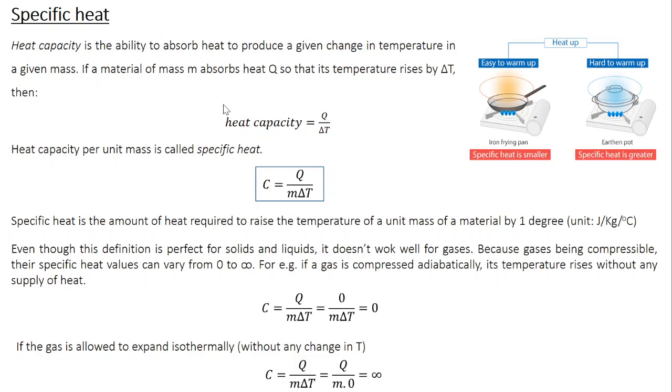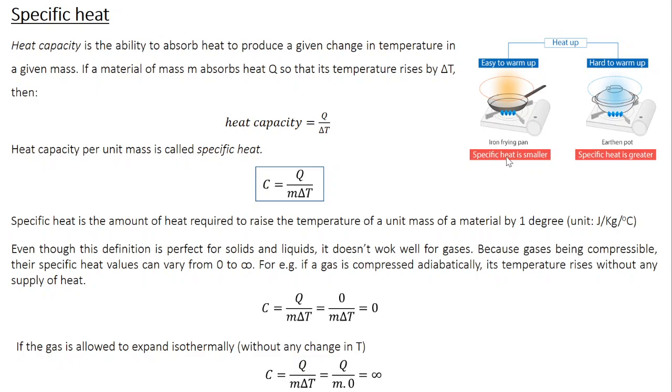You can experience the manifestation of heat capacity in your daily experience. For example, if you are familiar with cooking, you will notice that if you take an iron pan and an earthen pot, keep them on the same stove, the iron pan gets heated up much more quickly compared to an earthen pot. The reason is that an iron pan has a smaller specific heat compared to an earthen pot.